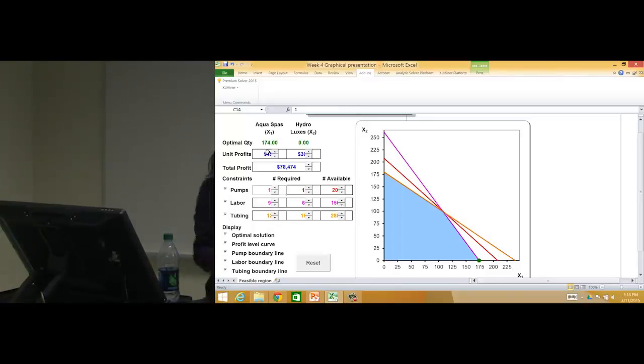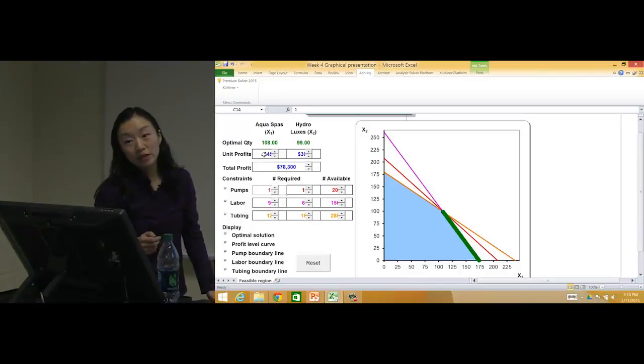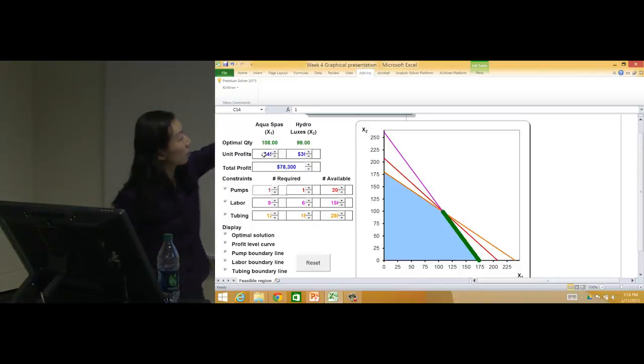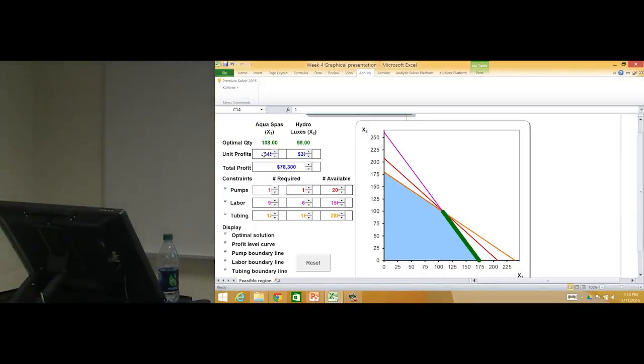What does that mean? When this objective function coefficient is at 450, the allowable increase or decrease of this coefficient is 0, because just one more unit of change will change your solution from all the points to this point or this point.